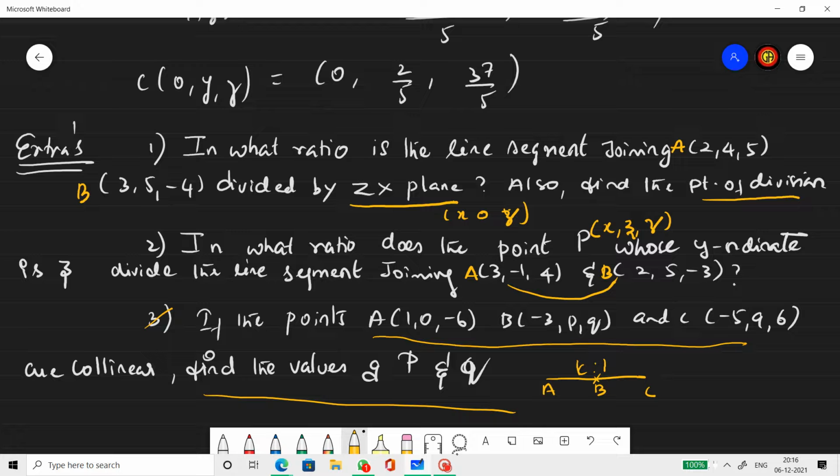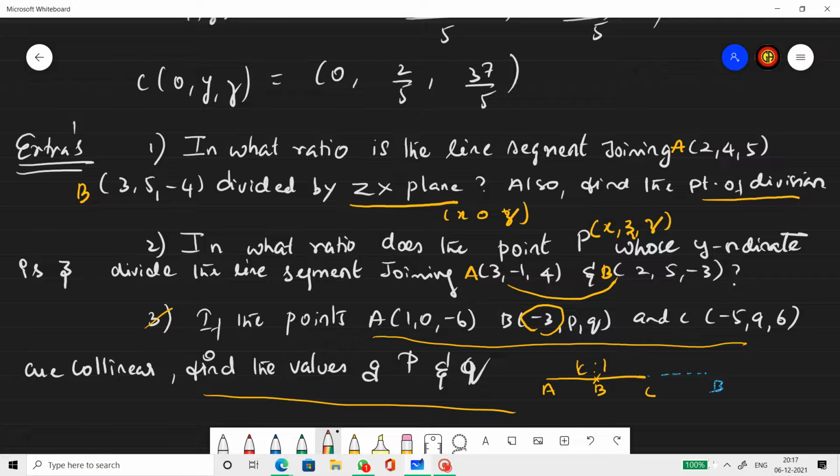By equating the x coordinate to minus 3. Once I find the ratio, I might get a positive or a negative value. Positive means internally, negative means externally. So positive means the way we have drawn the diagram is absolutely right. If it is negative, then I think we need to change the diagram and put B here. That is just for understanding. Diagram is not part of the working. So then you find P and Q.